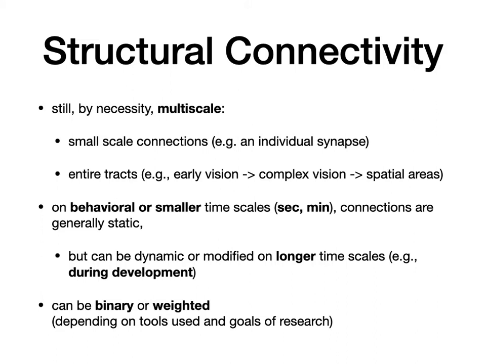It's like when you're growing up, your neurons will change, of course. But once you're out there in the world, you don't expect a lot of change between the structural areas of the brain. It's just mostly set, right? Also, the connections between things can be binary. So just like these things are connected, or we can say, oh, these things are more or less connected.